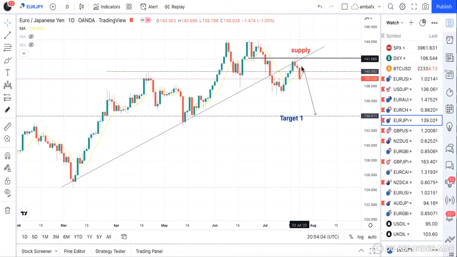After rejecting from this supply level, we have the break of the trend line.